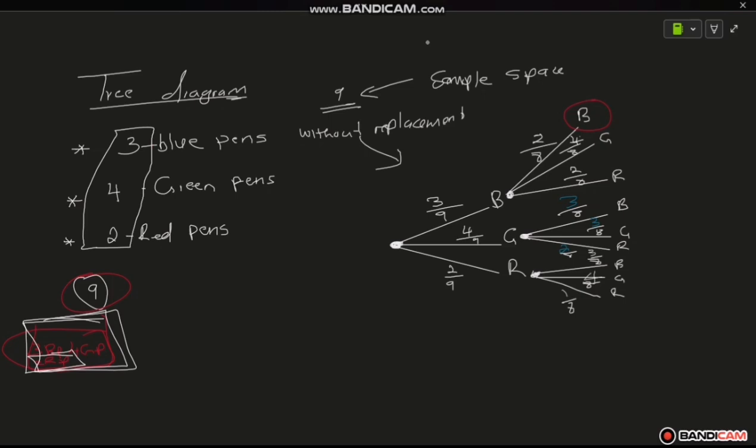Then for you to see that this tree diagram is correct, there is a secret that you must know that will actually help you to see if your tree diagram is correct or incorrect. But this is how our tree diagram looks, or this is how we represented that information in our tree diagram. So for us to see that our tree diagram is accurate, this is what you must do.